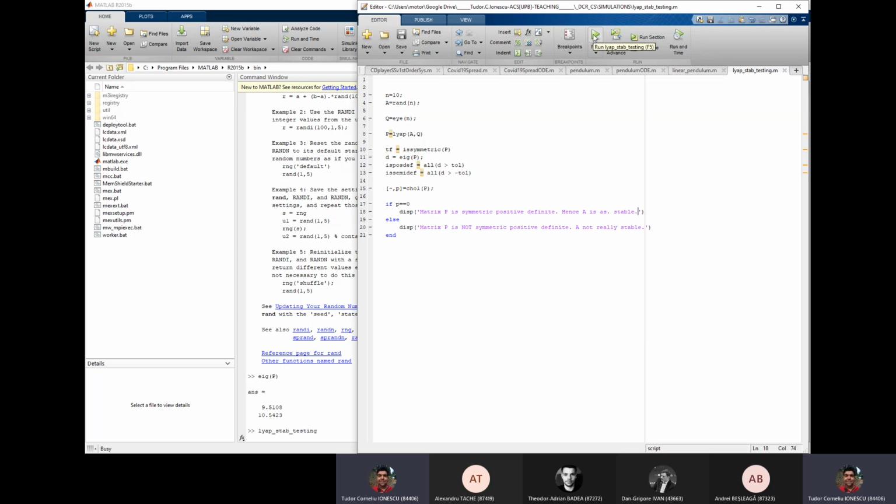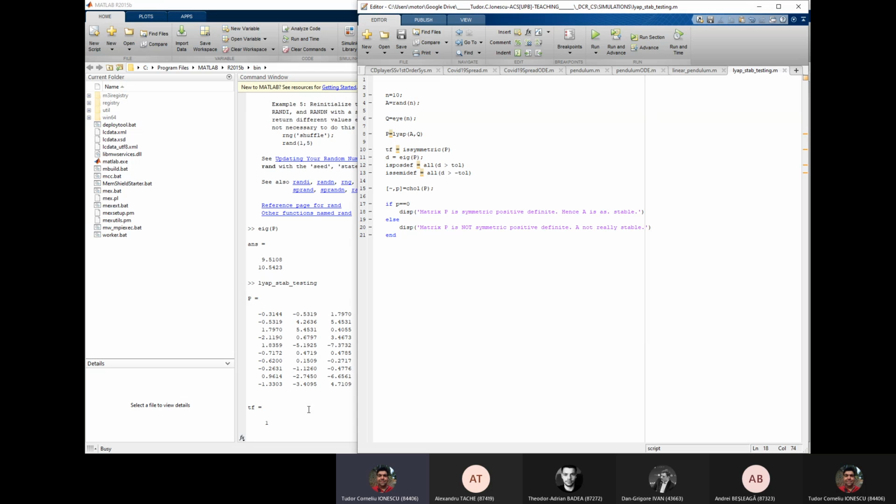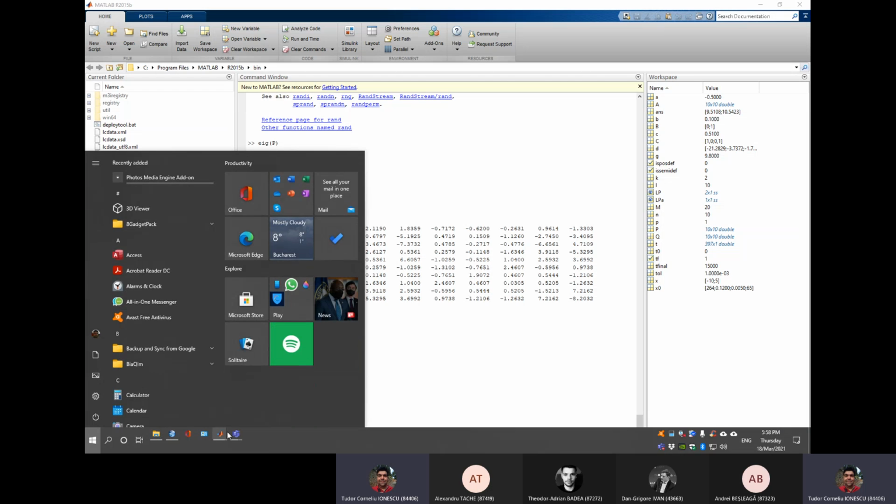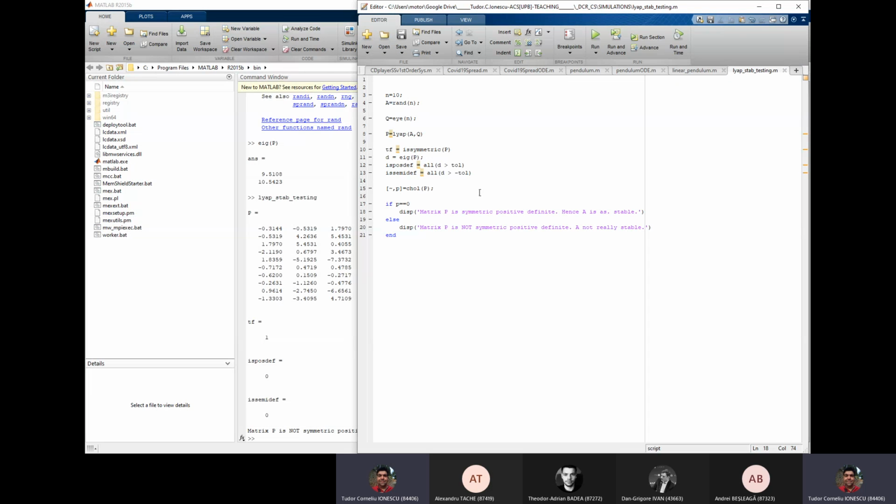See what happens. You see, apparently, it's not. Why am I seeing the P matrix? Because I do not want to look at the P matrix. It shouldn't be open. So semicolon.